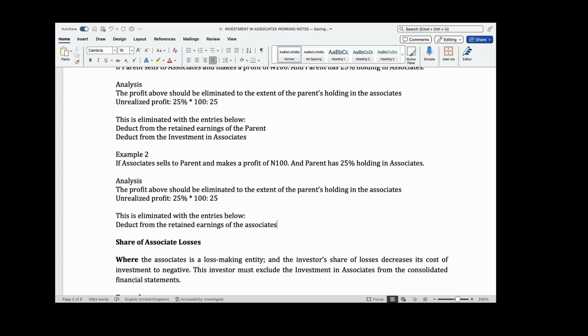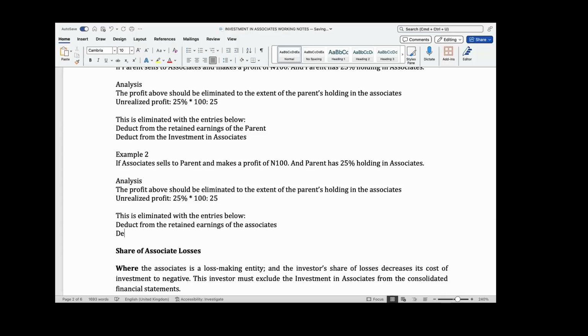So whenever we are taking our share in profits, we have already deducted the unrealized profit. So don't wait until investment in associates before you start removing any unrealized profits.